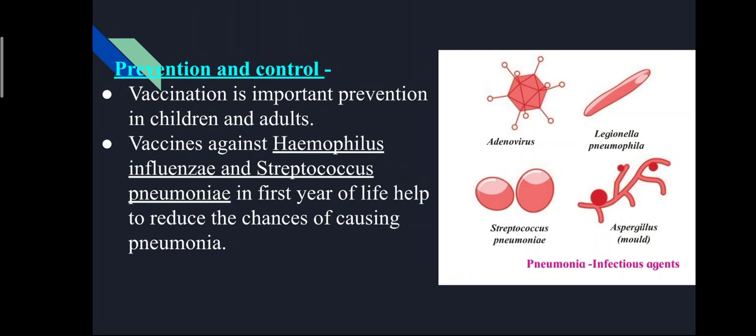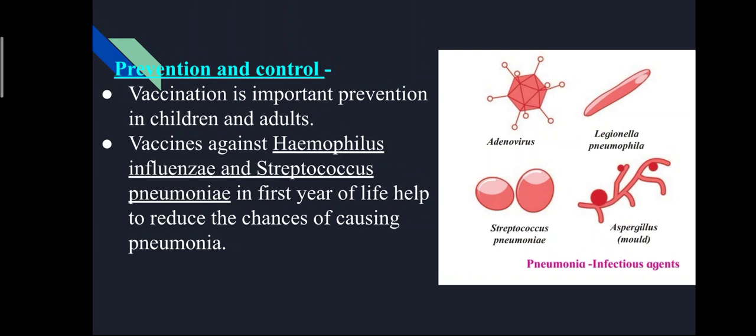See the infectious agents of pneumonia. See in the diagram. There are different forms of viruses and bacteria such as adenovirus, Legionella pneumophila, Streptococcus pneumoniae, etc., and Aspergillus.